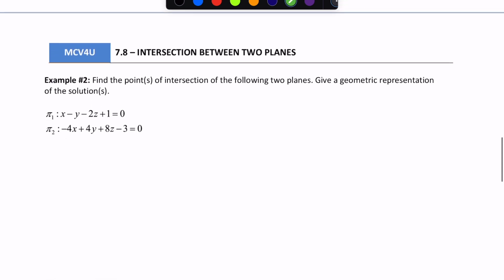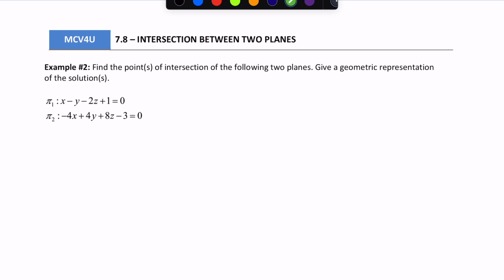Okay, example number 2 says to find the point or points of intersection of the following two planes, and give a geometric representation of the solution or solutions. So here, what we want to do is check if the normals are parallel.